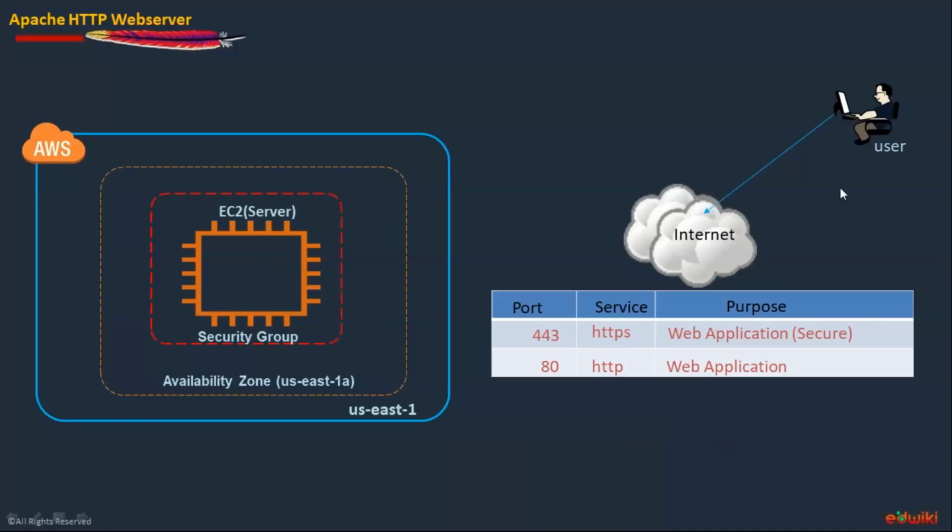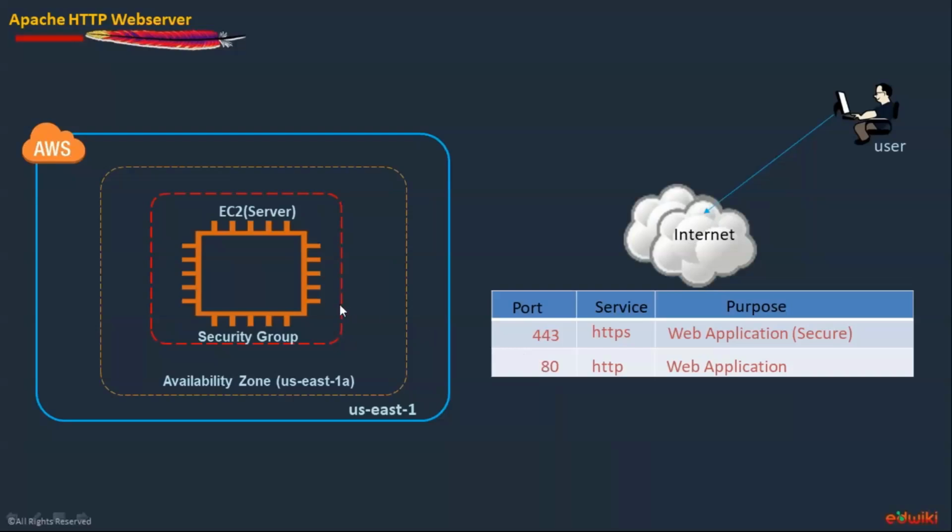As we already know, whenever the client is sending a request to the server, the client has to send the request to a specific port number based on which service the client would like to access from the server.